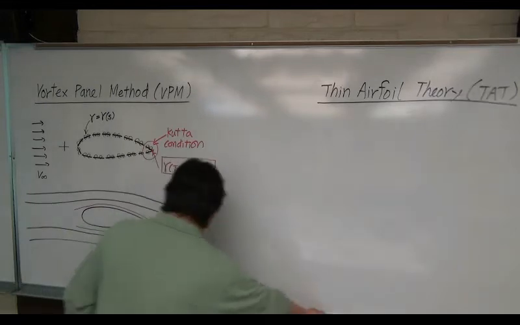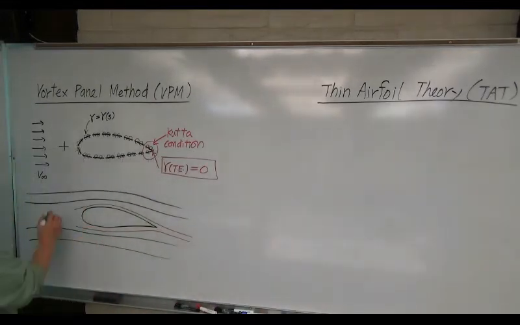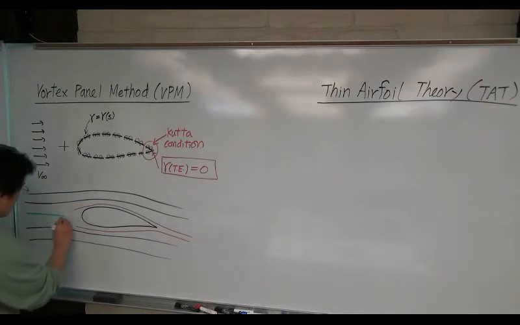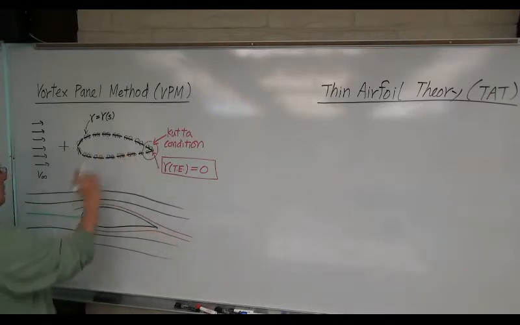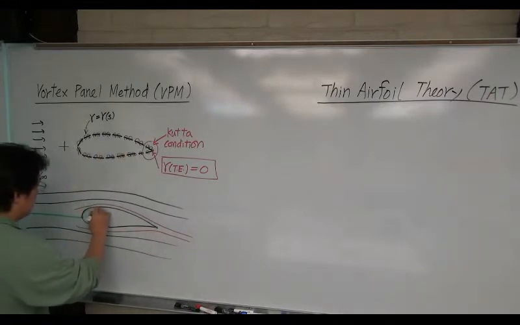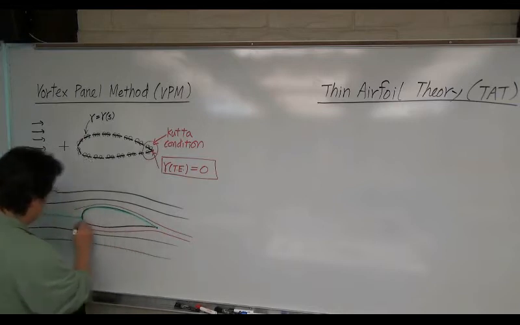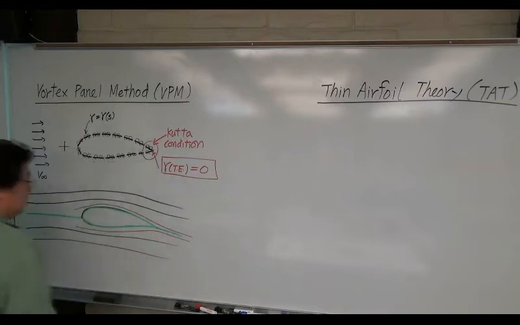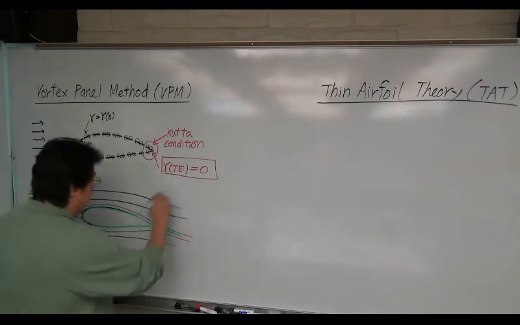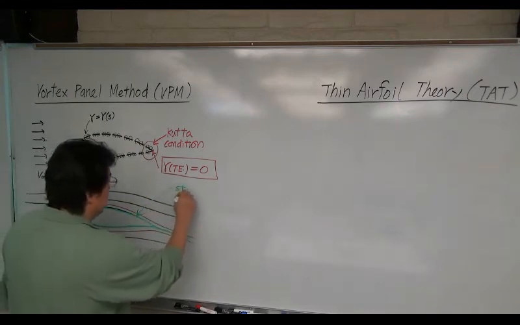And then the other condition is something called the stagnation streamline condition. That means the surface created by these panels, upper surface and lower surface, both need to be a stagnation streamline.